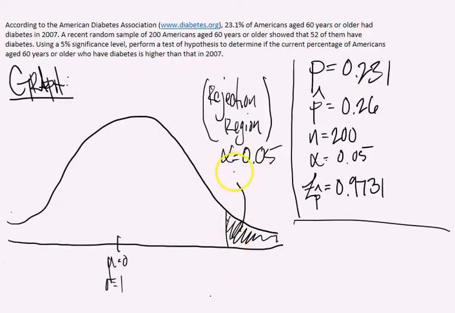So I would need to find the z-score of 0.05 in the tail. A lot of times we have this value given to us already. If we don't remember what those values are by memory, we can always do inverse norm, and again the same thing, 0.9501, for those values.